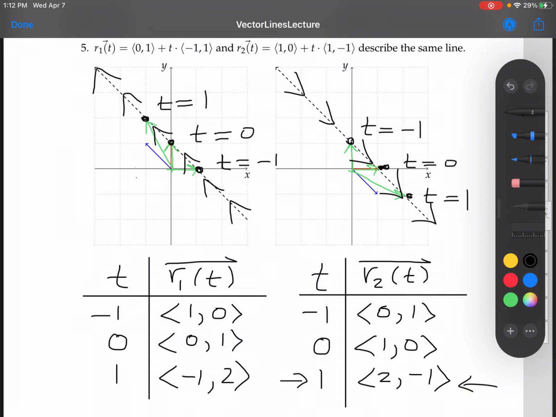So the point here is that even though it's possible to describe a line in 2 different vector forms, one vector form may draw the line in a different way than the other vector description.